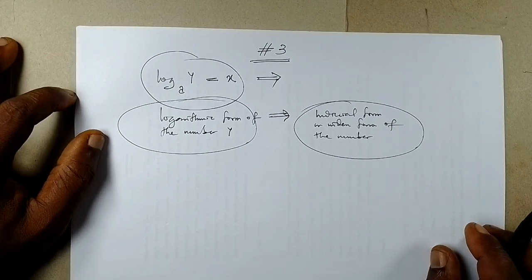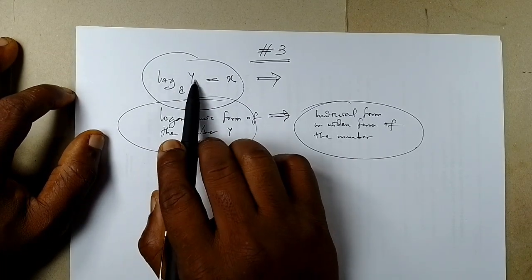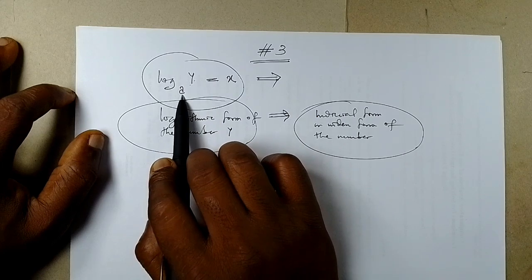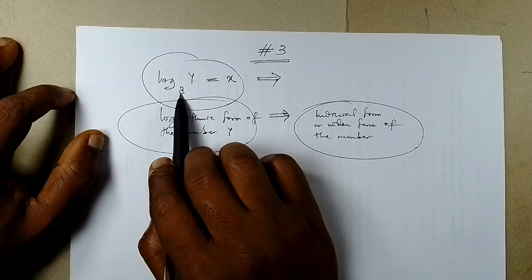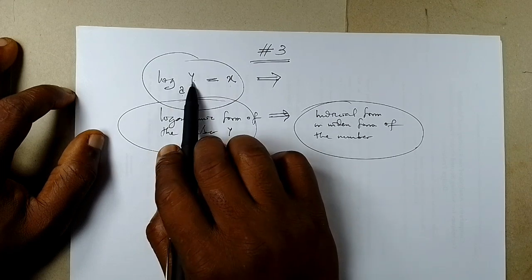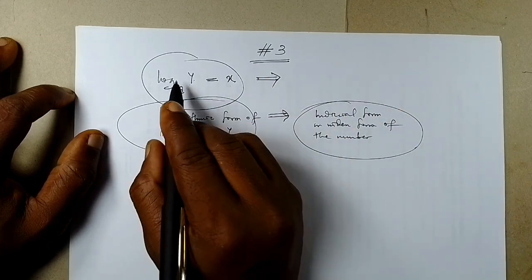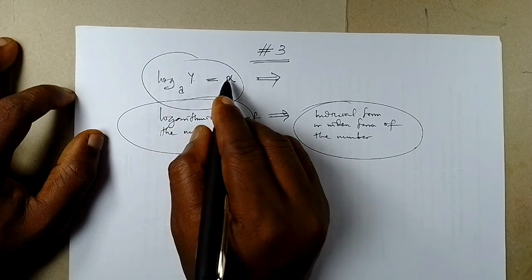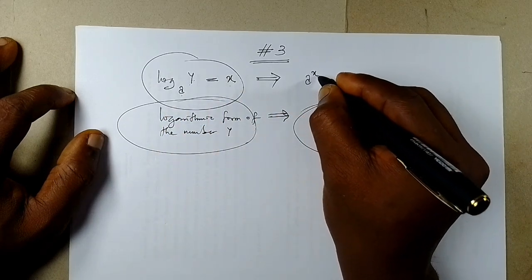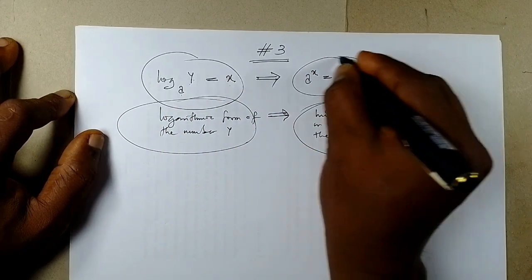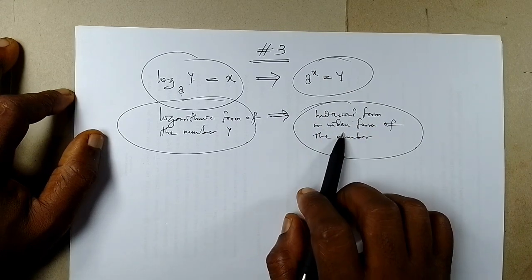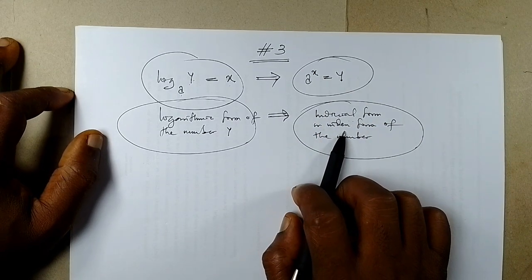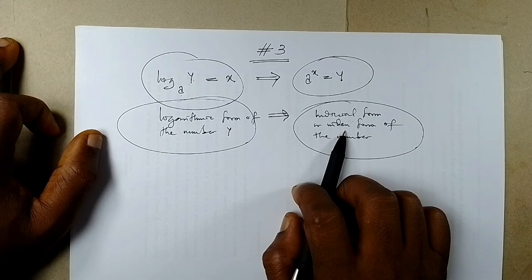The definition of logarithm of a number y says that the logarithm of a number y in a base a is x, means that x is the number to which a, the base, must be raised to get y. So that means that if I have logarithm of y in base a giving me x, then a raised to power x is equal to y. This form of writing y is called the initial form of y or the index form of y. Okay, some people will call it the exponential form of y. So they all are referring to one and the same thing.